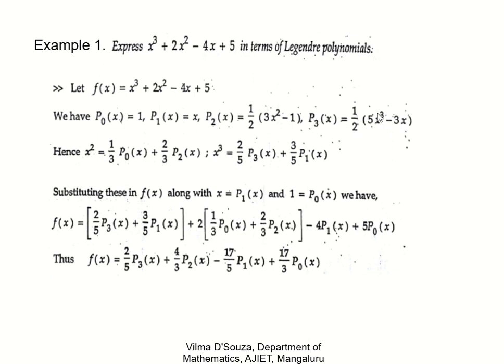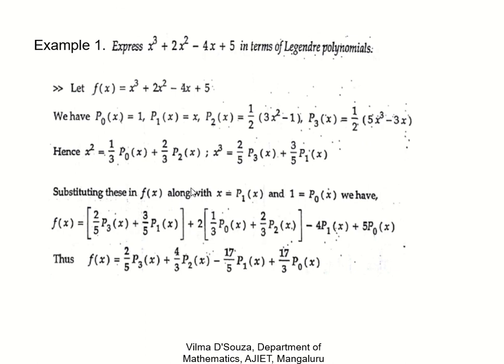So 5x cube is 3x plus 2P3 of x. Divide throughout by 5. So x cube is 2 by 5 P3 of x plus 3 by 5 P1 of x. So write one more step here and find what is x square, x cube.